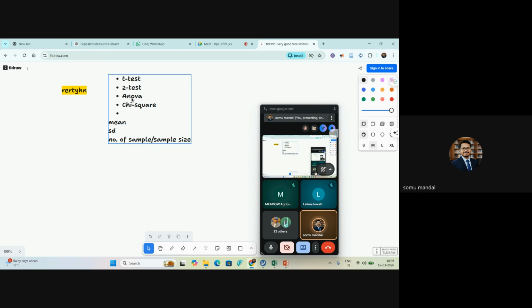ANOVA is the advanced kind of analysis. Suppose there are different kinds of labels within the group data set, like fertilizer applications of nitrogen, phosphorus, potassium. This is a group of fertilizers.